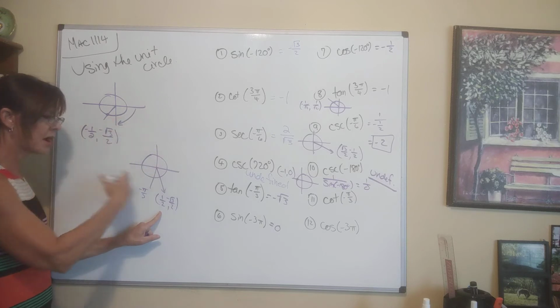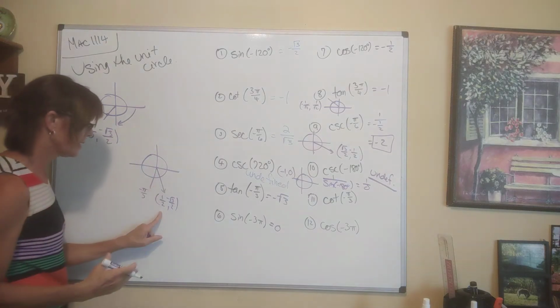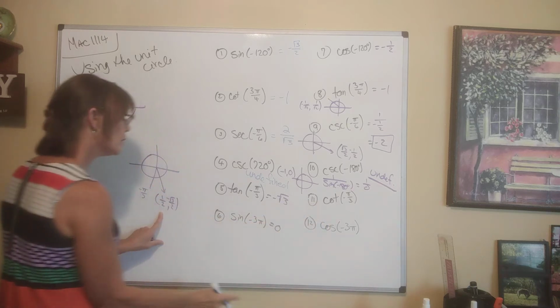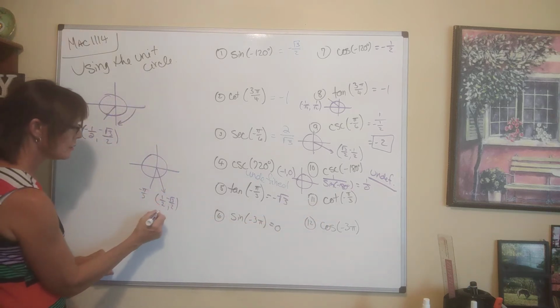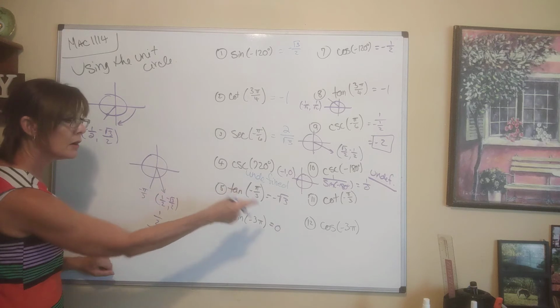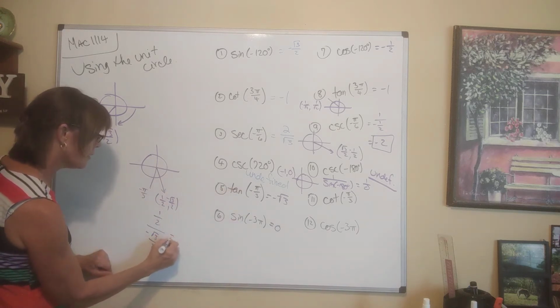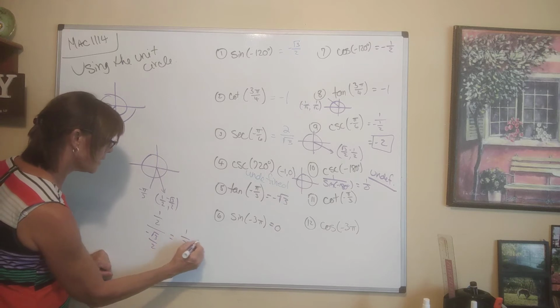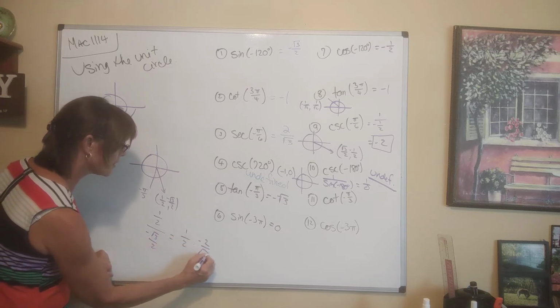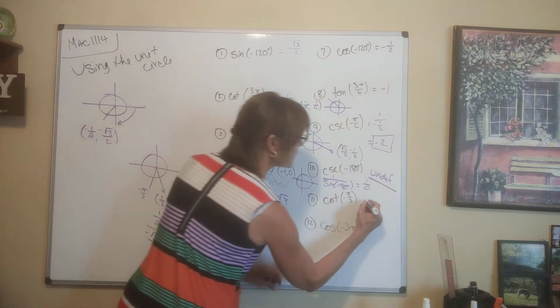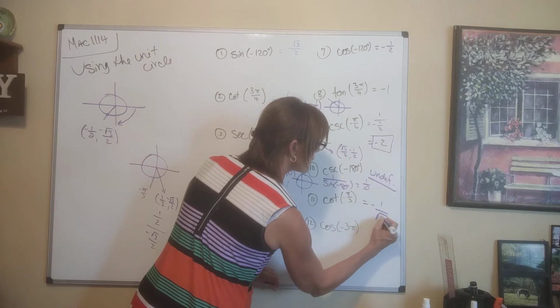It's the same as positive 5 pi over 3. So the cotangent will be cosine 1/2 over sine negative square root of 3 over 2, or 1 over 2 times negative 2 over the square root of 3. These will cancel, and I get negative 1 over the square root of 3.